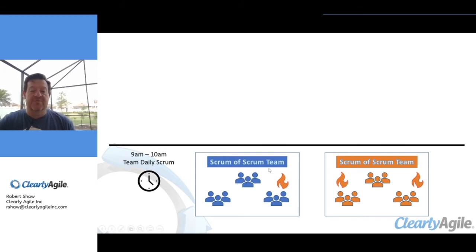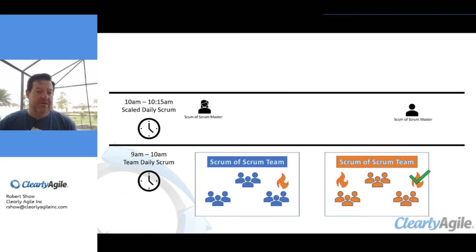Here we have a Scrum of Scrums team with 3 teams, and here we have another with 3 teams. In their normal daily Scrum, the teams recognize impediments or blockers. That's part of the natural cycle. In our example, this team was able to clear one of them, but here we have 2 teams that can't clear theirs on their own without help. They tried, they can't.